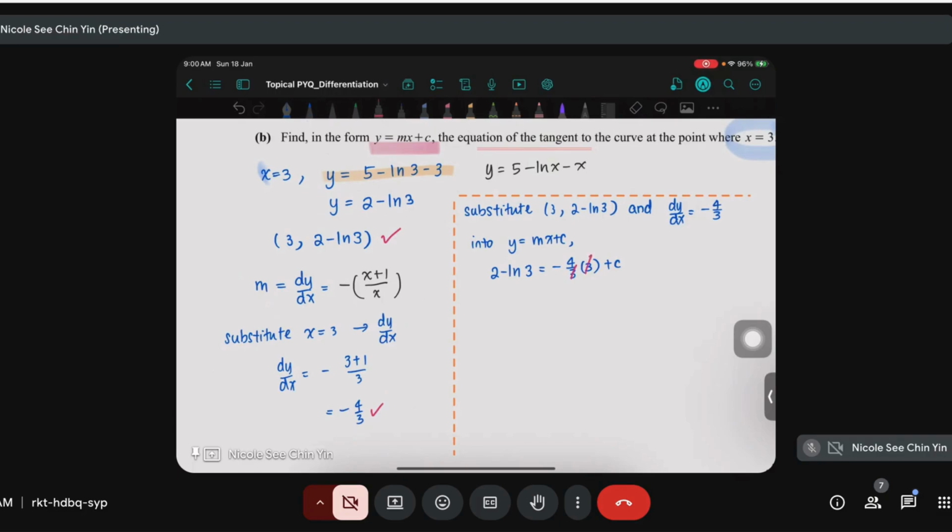Work it out: 2 minus ln 3 equals to negative 4 plus c. So my c equals to 2 minus ln 3 plus 4, so c equals to 6 minus ln 3. Therefore, my equation of tangent is y equals to negative 4 over 3x plus 6 minus ln 3.